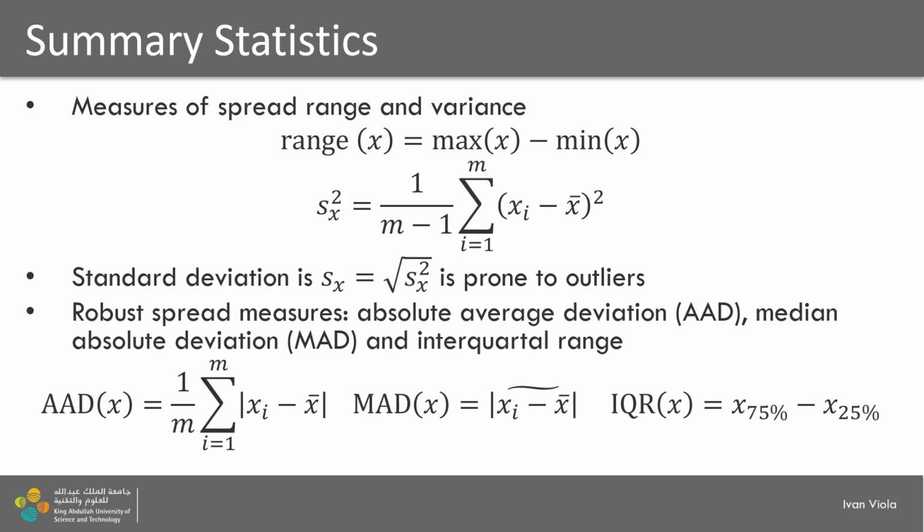The last robust statistic is the so-called interquartile range. The interquartile range simply takes the 75th percentile value, which we have discussed before, and subtracts from it the 25th percentile value, and that is our range between two quarters.